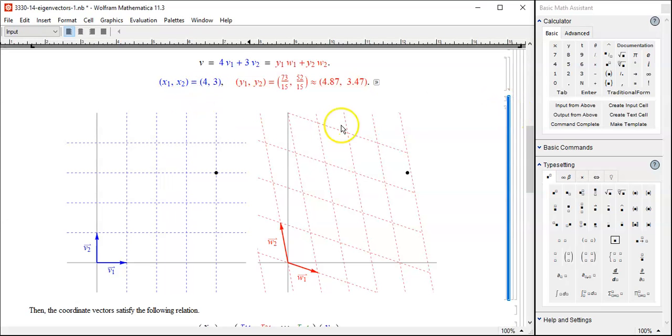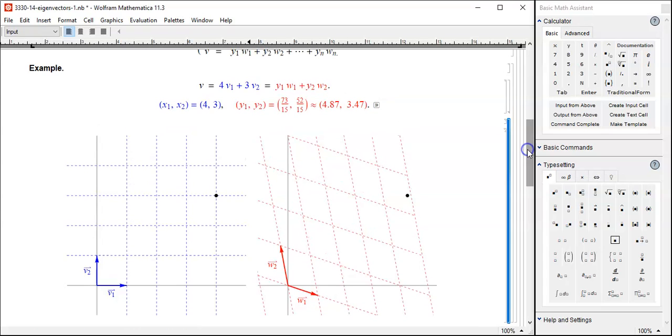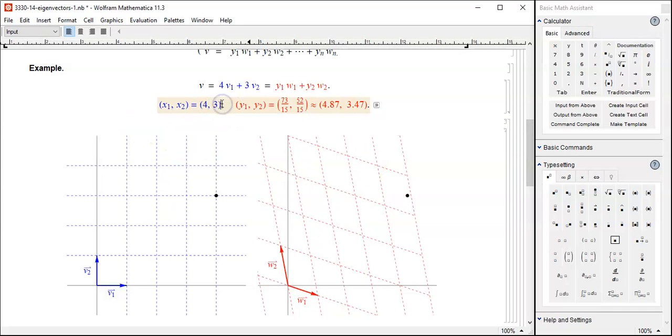So we have two different coordinate expressions for the same vector v, and that's because we have two different bases: (4, 3) coming from the standard basis, and approximately (4.87, 3.47) coming from slanted bases.